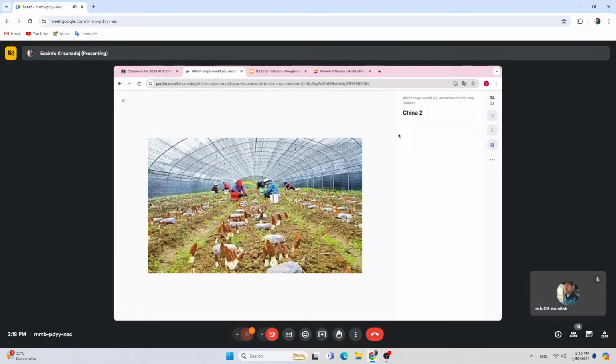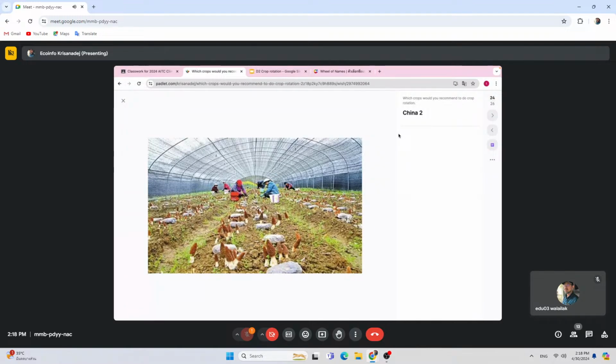There are a lot of models for the rotation and it's kind of typical. So you plant mushroom and then the next year what? No, this year. After the harvest of the mushroom, we continue to plant the vegetable. We can harvest the vegetable in this year.